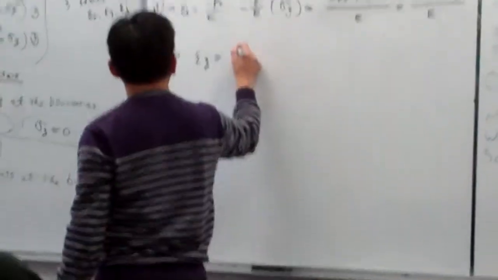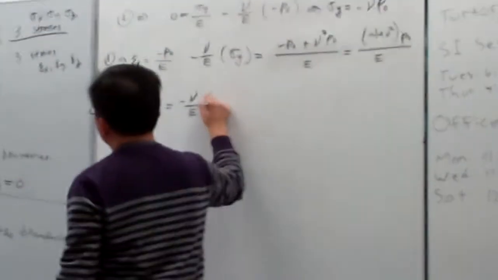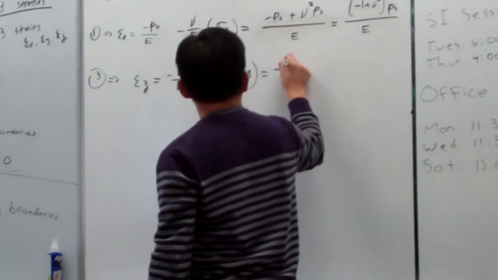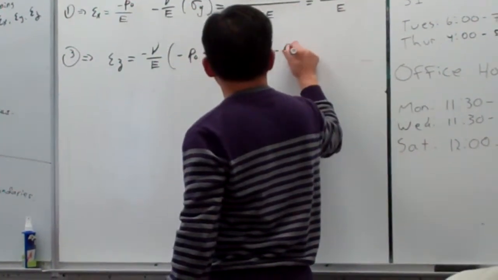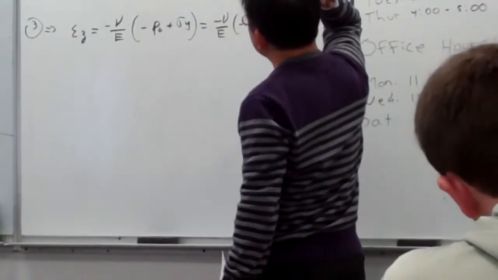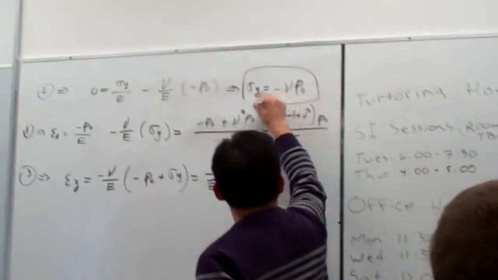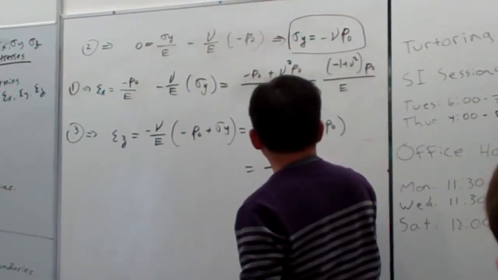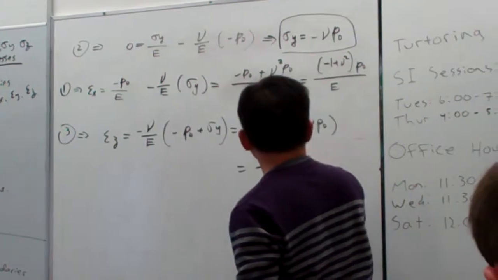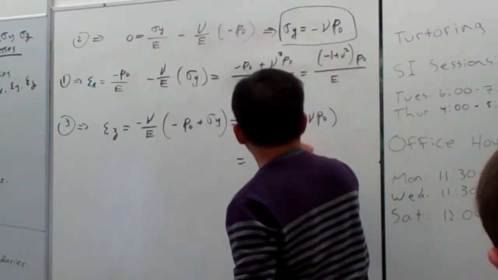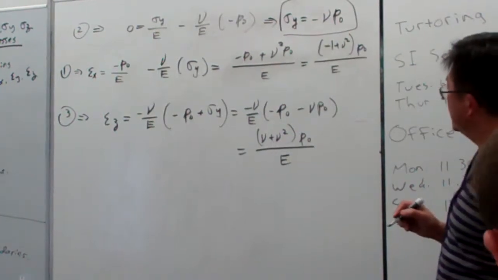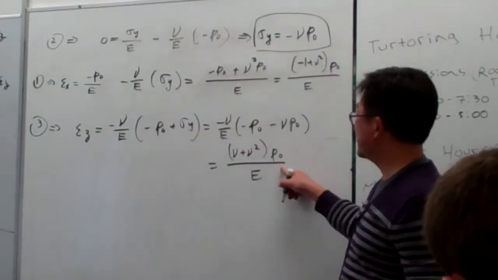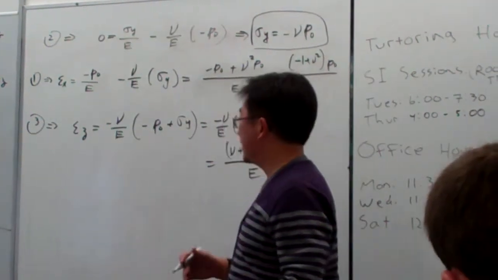Epsilon z will be equal to 1 over E times minus mu times minus P0 plus sigma y, and minus mu times minus P0 plus sigma y, equal to this one. So that will be equal to P0 over E times mu plus mu squared. This is a positive number, so epsilon z gets extended.